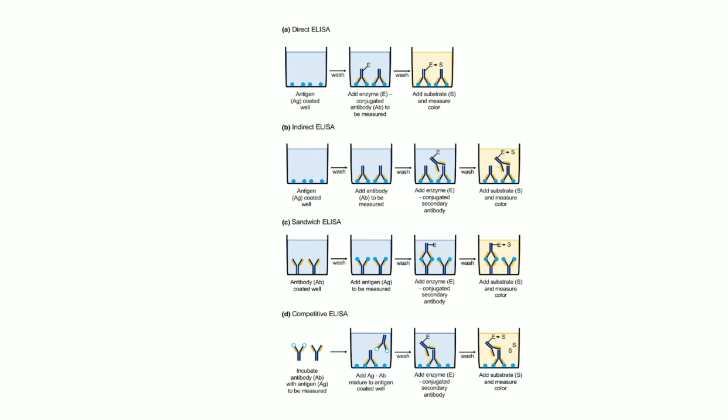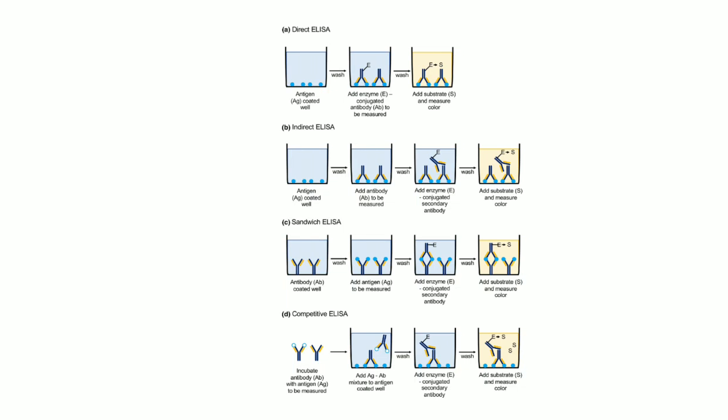The color will not be produced, because in ELISA, after every step we are incubating and also washing. So after this competition, when we are washing, the antibody which is conjugated with the enzyme will be washed off, such that there is no more enzyme-tagged antibody present in that well.